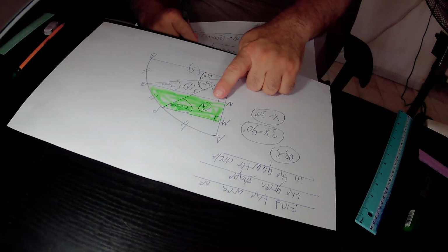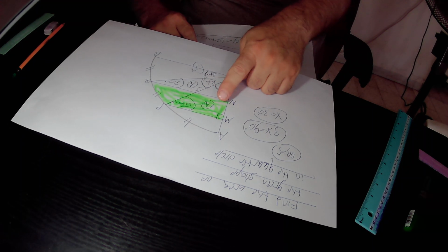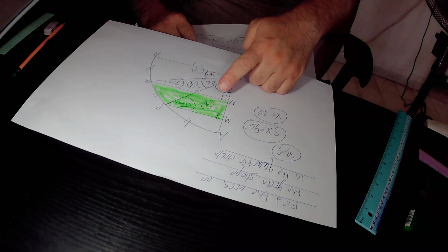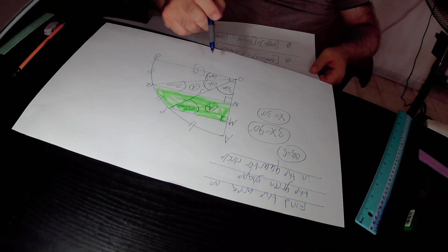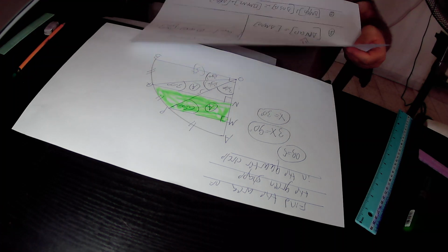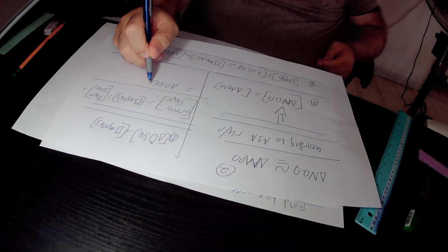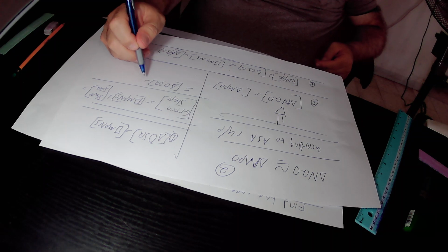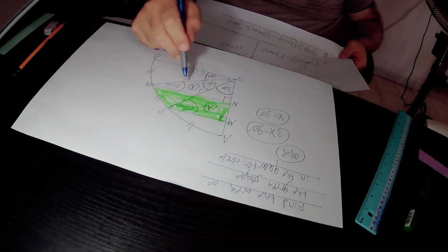Here, they are both equal to A in their areas, so we can substitute the area of this green quadrilateral by the area of this triangle OSQ, which also equals A square units in size. And we have plus the area of this green shape SPQ.